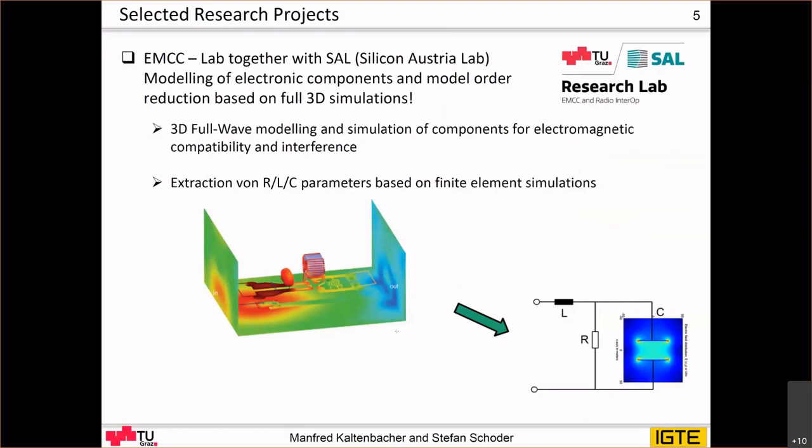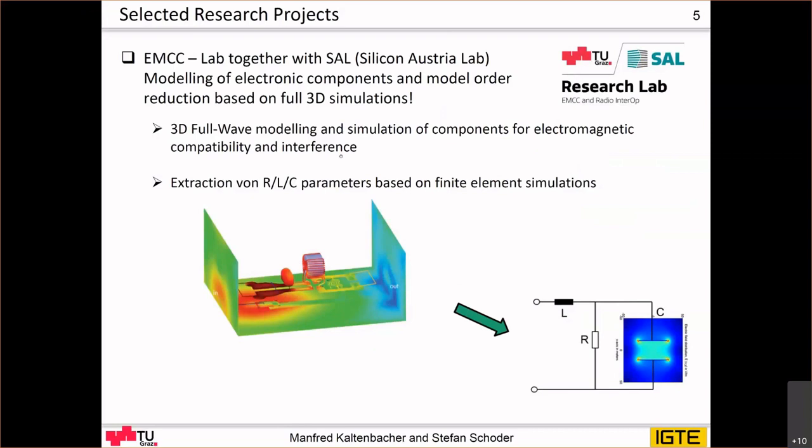And on the other hand, to do full 3D finite element simulations of the individual components and apply model order reduction, so that we also come up to RLC parameterized circuits. At the end, we want to have reduced models which are highly accurate and can be simulated, for example, with SPICE.